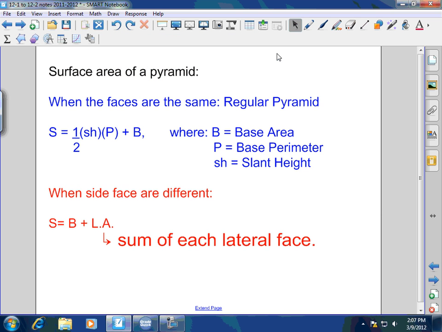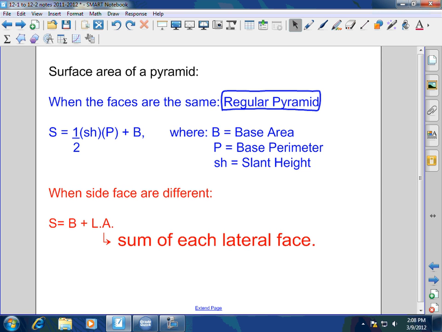When the faces are the same, in other words, when I have a regular pyramid, this is the formula we're going to use. Surface area equals 1/2 of slant height times base perimeter plus base area.